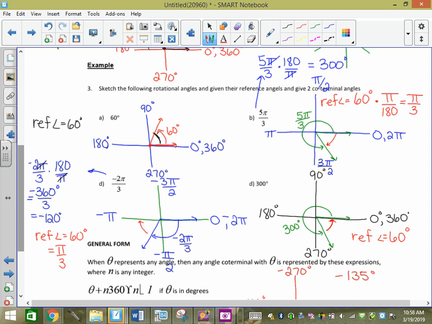So actually every single one of these have reference angles of 60 even though they're in different quadrants. Those two are just the same thing, just in radians. So your reference angle is the little angle between your terminal arm and the x-axis. It's extremely important because when we go to do solving, we're going to need that reference angle. Okay? So I'm going to give you some questions to do for homework.